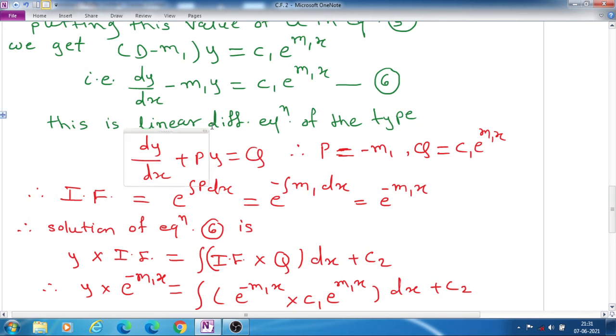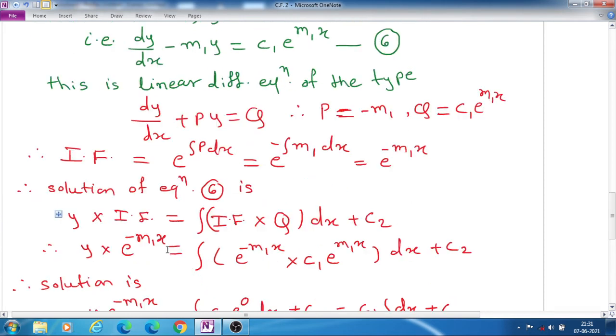Integrating factor is e raised to integral p dx, which is e raised to integral minus m1 dx. This is e raised to minus m1 constant, integral dx is x. So the integrating factor is e raised to minus m1x.